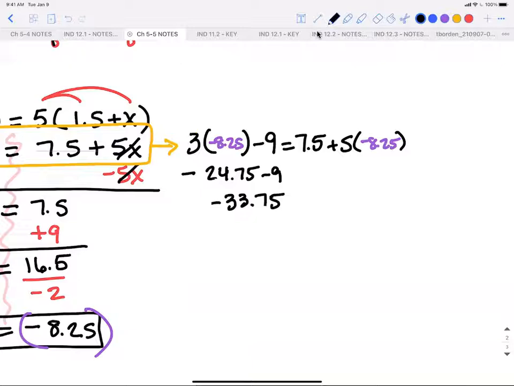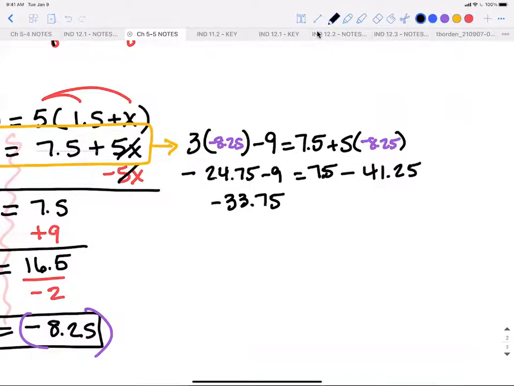Now I'm going to simplify the right and see if I get negative 33.75. That's our goal. So 7.5, sorry, 5 times a negative 8.25 is going to give me a negative. And then in my calculator, if I punch in 5 times 8.25, I get negative 41.25.